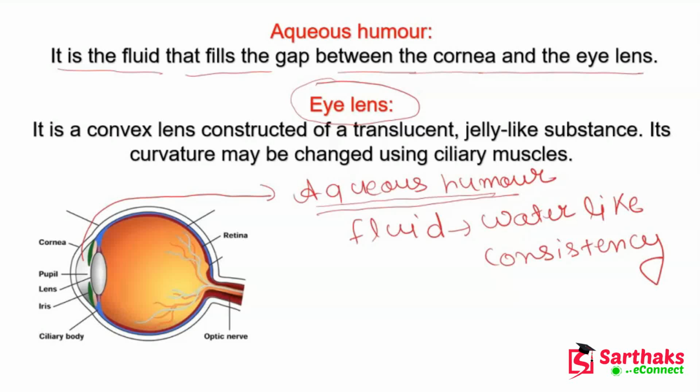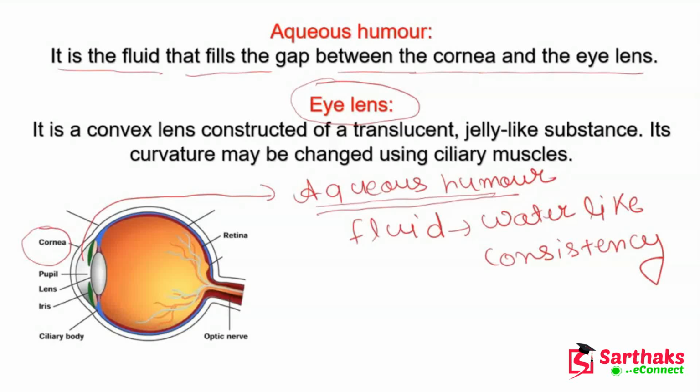It will simply refract light and form its image on the retina. And you have to remember this point, that most of the light is already refracted by the cornea, and the remaining light will be refracted through the convex lens inside our eyes, and it will make its image on the retina.